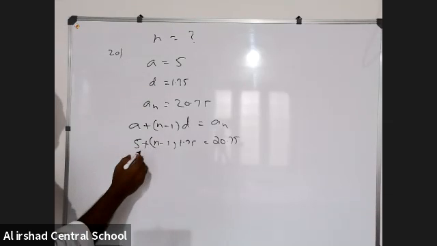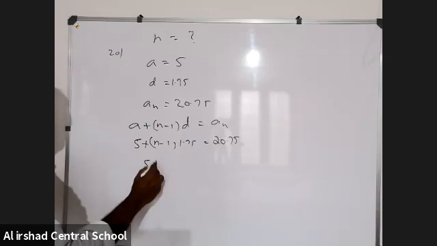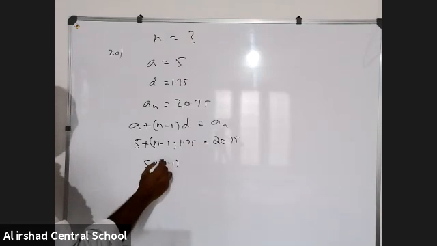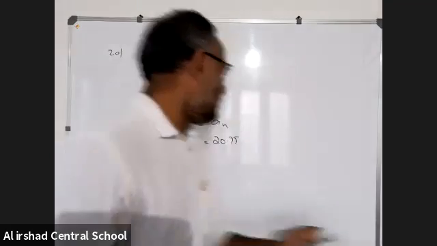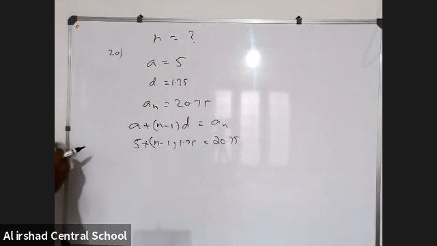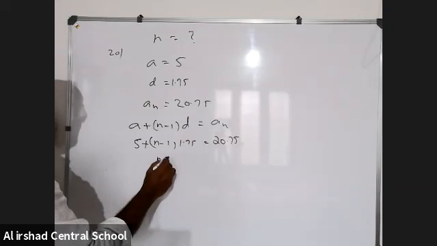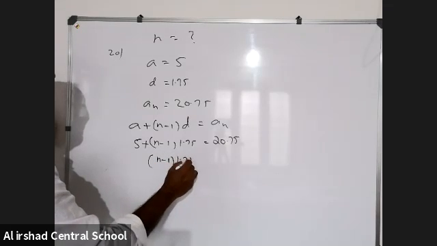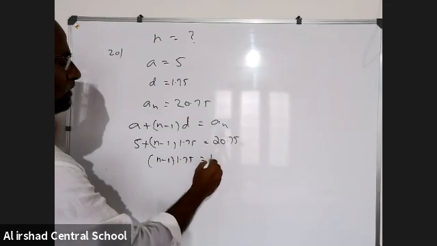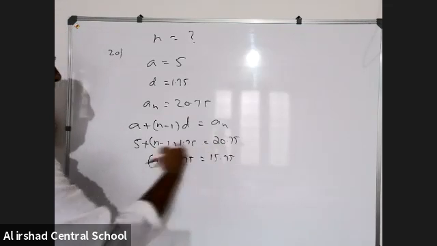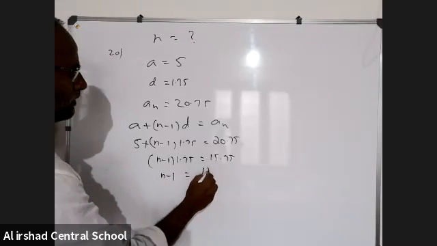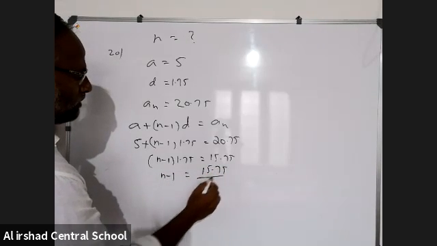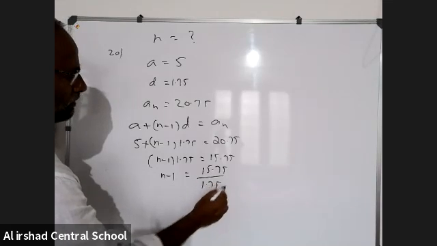Great. Here, 5 plus N minus 1 into 1.75 is equal to 20.75. So N minus 1 into 1.75 is equal to 15.75, that is 20.75 minus 5. So N minus 1 is equal to 15.75 by 1.75.